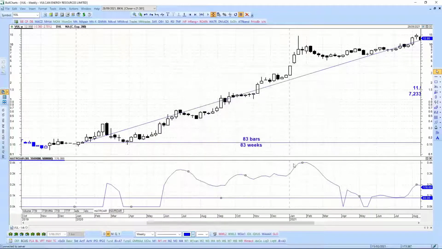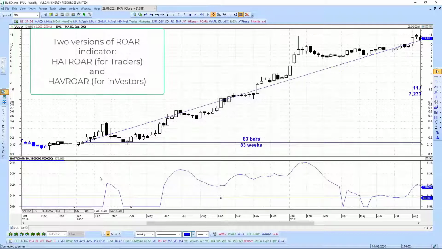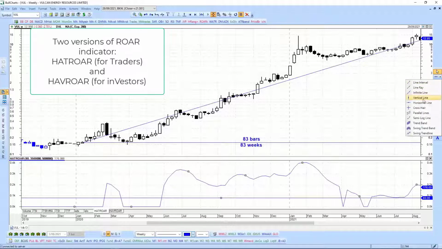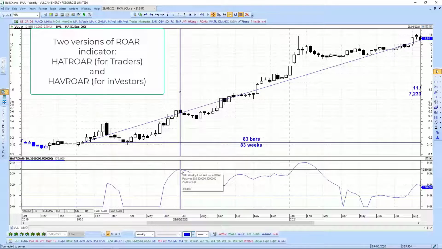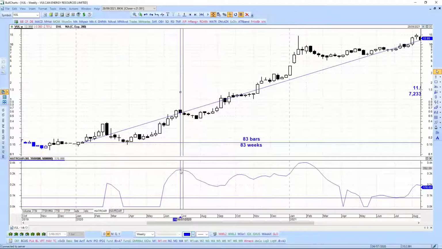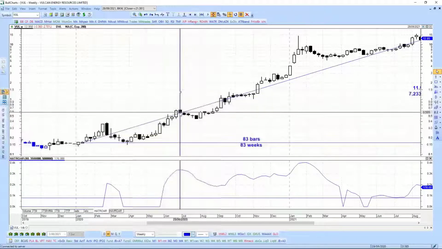But trying to summarize it briefly, the value of the indicator, I'll just put a vertical line there. The value here of about 339, 340, 338, that's supposed to be an instantaneous estimate of the rate of annual change of the share price at that point in time.